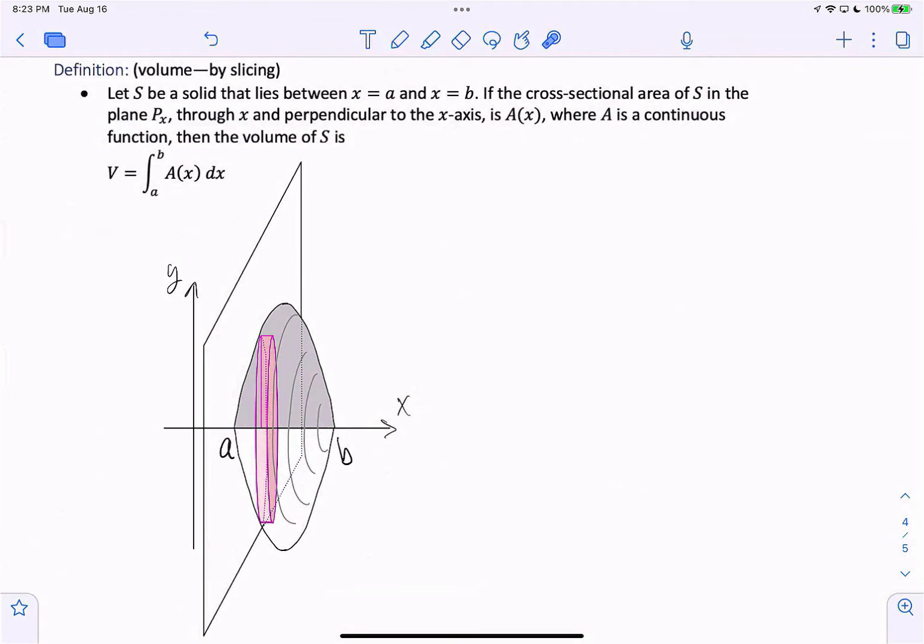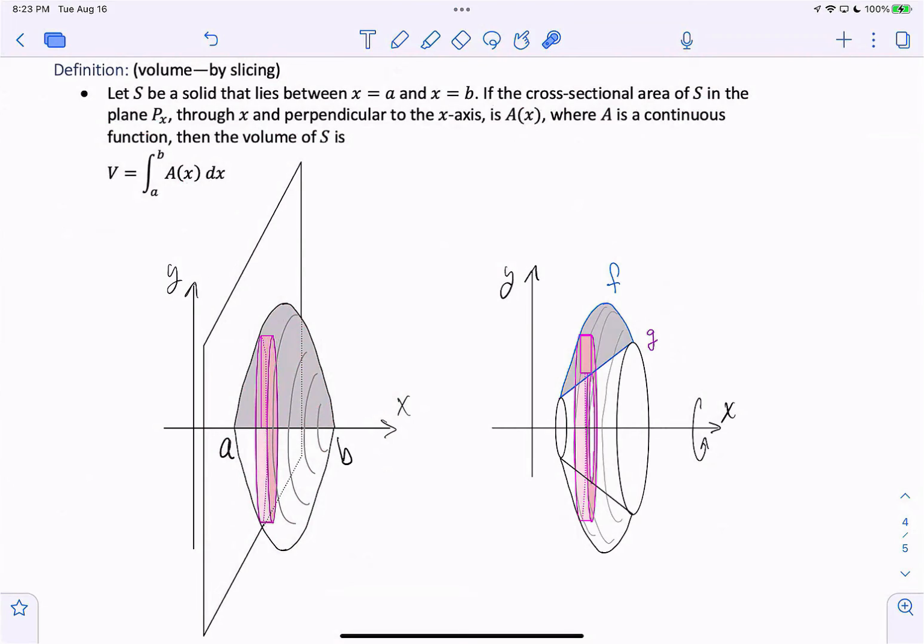Here's the plane in this picture. Of course, we didn't look at the plane at all, but if we were to take the solid that we got and slice it using this plane, then we would end up with the disk that we were looking at, right? Then the area of the disk is pi r squared, or pi f squared.